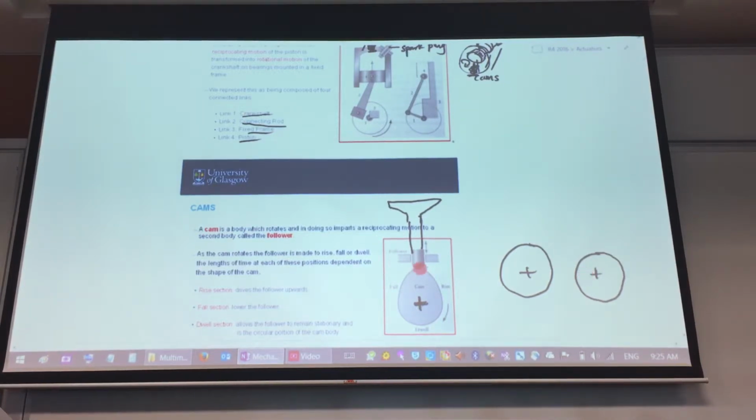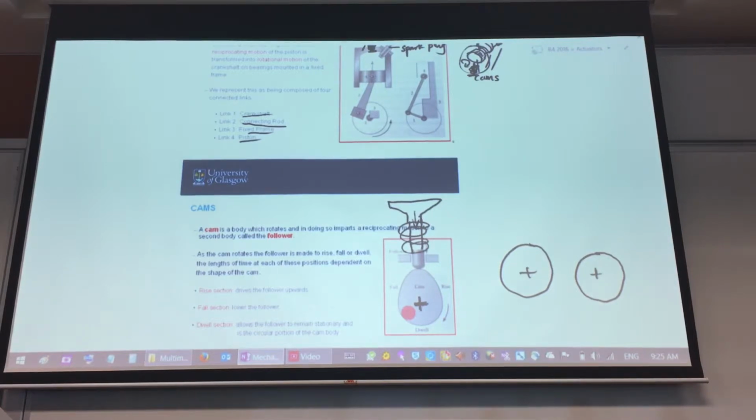Why is it off-center? Because it needs to provide this upward and downward motion as this thing rotates. So the spring that's loaded over here continuously presses your valve against the surface of your cam, so it's always touching your cam. That leads to the part about the profiling of this cam being very important.